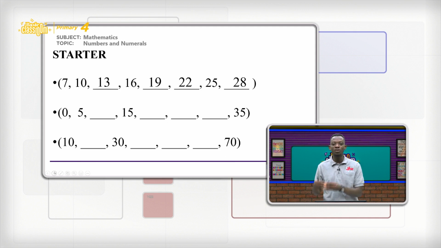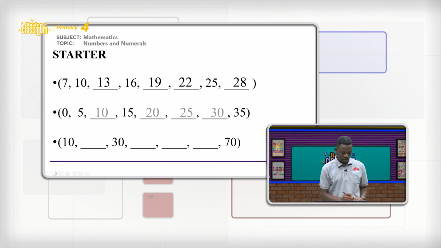Which numbers do we put there so that it will make our mathematical sentence true? I hope you are trying to find the answer. Good. So over here, we have the first missing number to be 10, the next number to be 20, 25, 30, and our last number is 35.